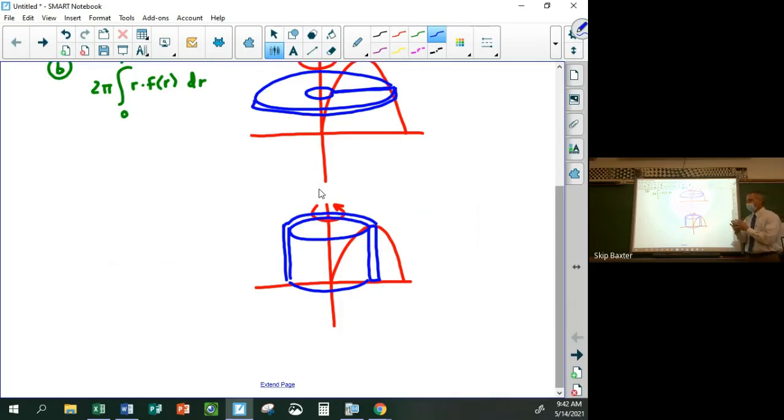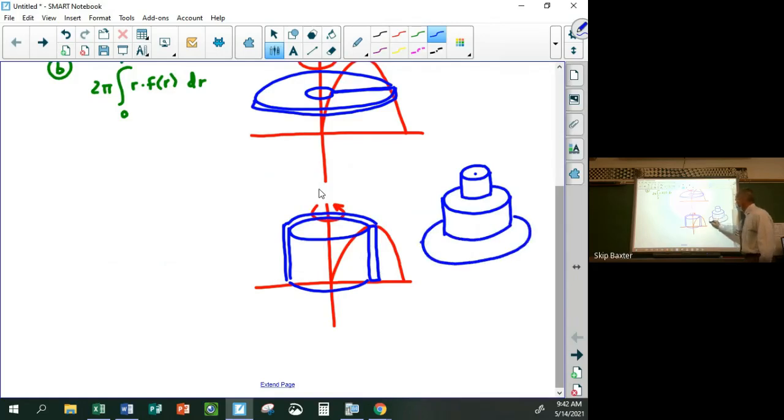So if you're trying to calculate a volume, let me just draw a picture, see if this comes out okay. Maybe it might be a cylinder that looks like this, right? And then there's another cylinder next to it that looks like that, and then there's a cylinder next to it that looks like that.